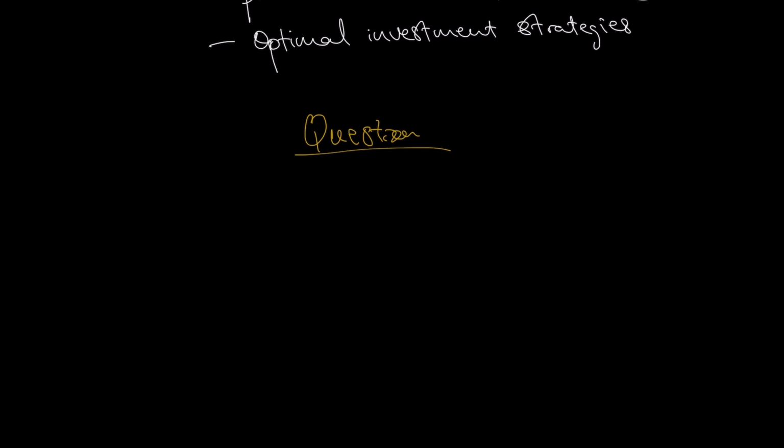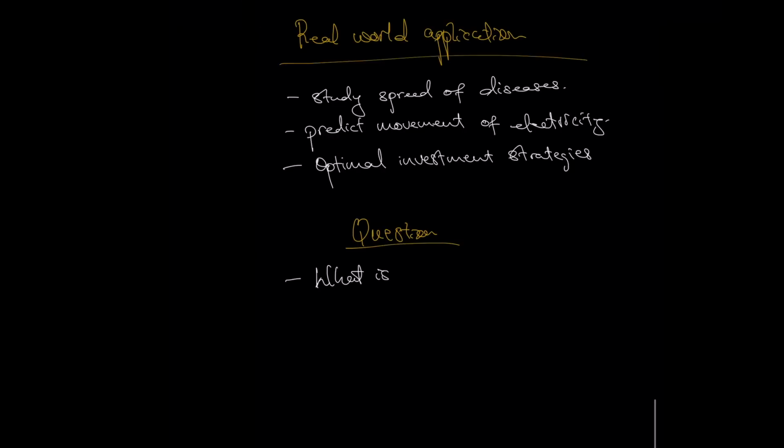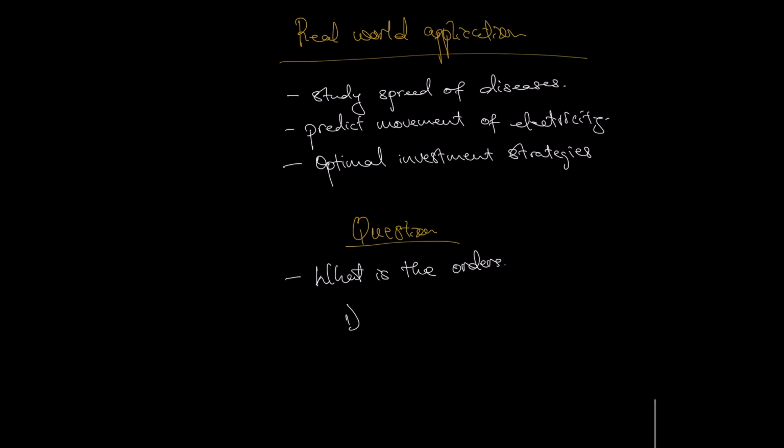So I would like you to just state somewhere in the comments or somewhere else, or you can just set it for yourself. The first question will be, what is the order of these differential equations? So tell me there, what is the order? So I have here the first being y' equals 2y plus 3.